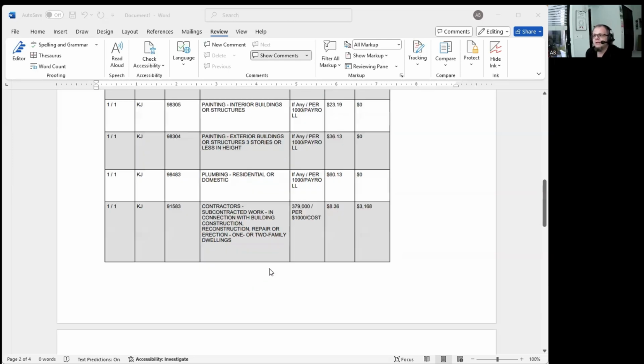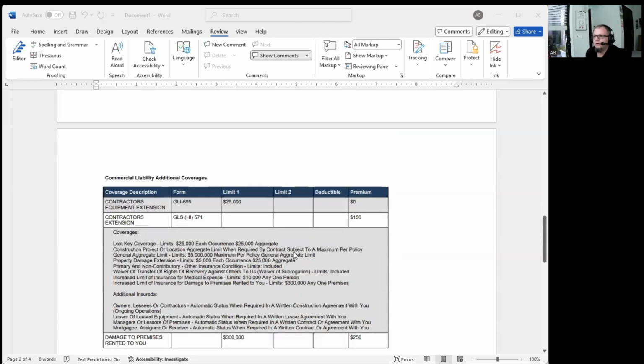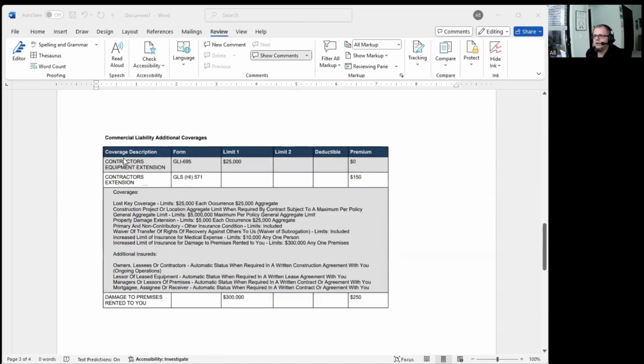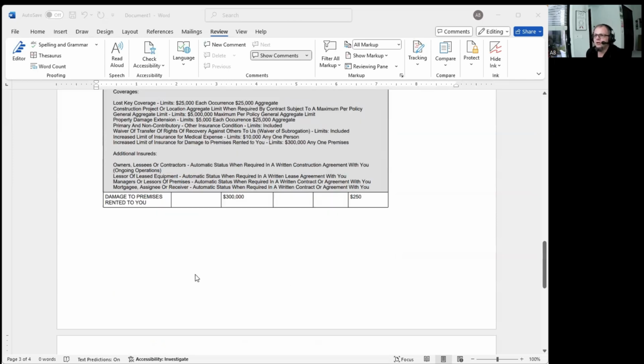So here is where we have our problem. They got an audit, and this is, again from the declarations, just a few more line items there.